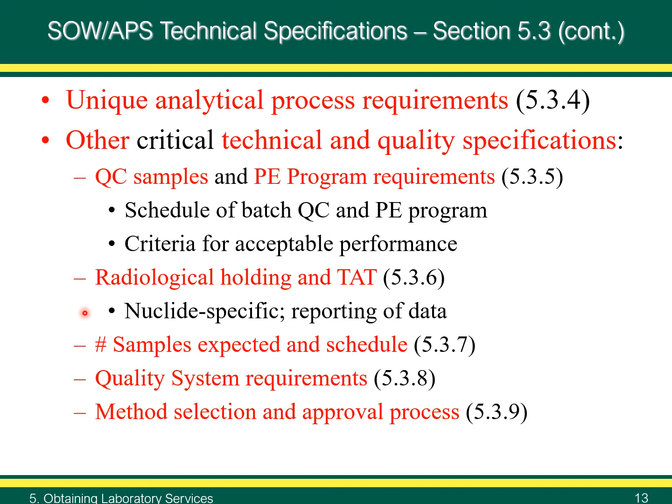For example, if sampling for I-133 from a nuclear plant vent, the radiological holding time will be very short since the half-life of I-133 is only 20 hours, while longer turnaround time may be established based on the project's need to use the data or on other tests being performed on the same samples.